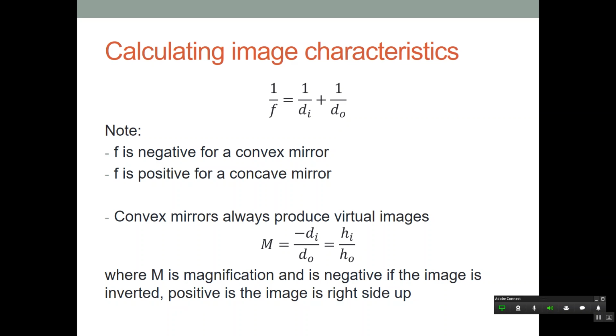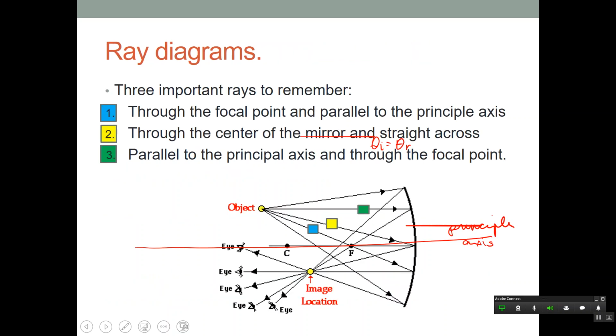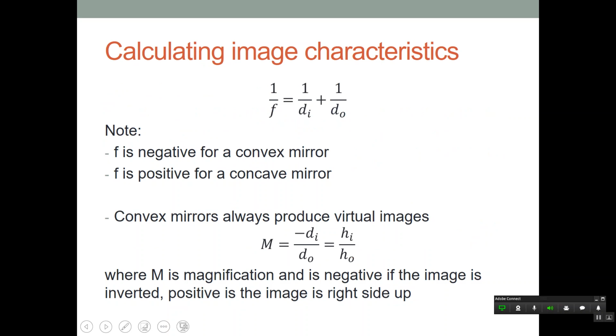There is a difference between converging and diverging lenses. So here I wrote that f is negative for convex mirrors, and it is also negative for biconcave lenses. So let's add that. And f being positive for concave mirrors is also true for biconvex lenses.